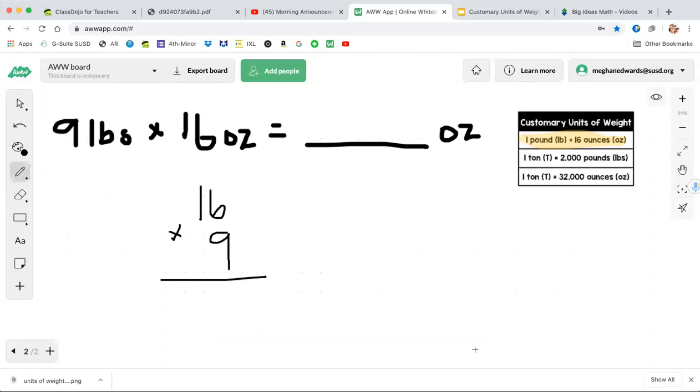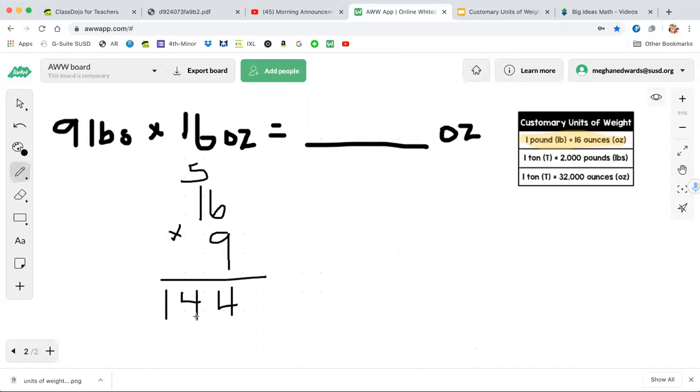So you guys should be doing this on a piece of paper, but I will do it with you. So 1's place times 1's place, 6 times 9 is 54. So 4, carry that 5 above the 10's place. 1's place times 10's place, so 9 times 1, plus that 5 is 14.